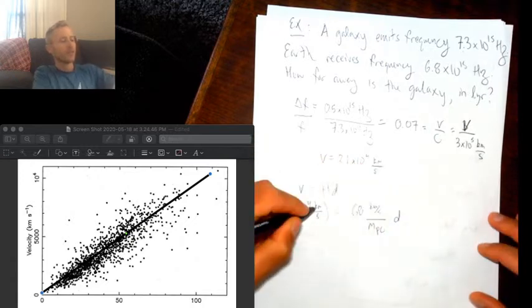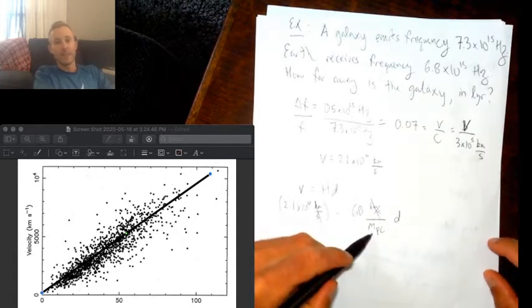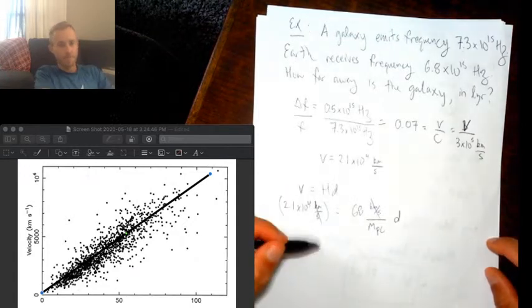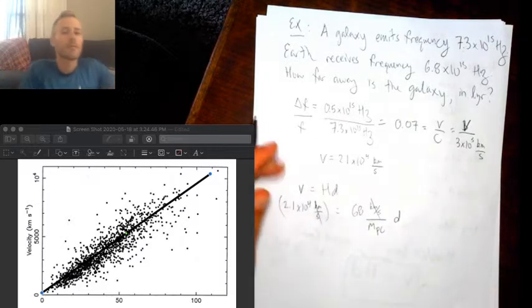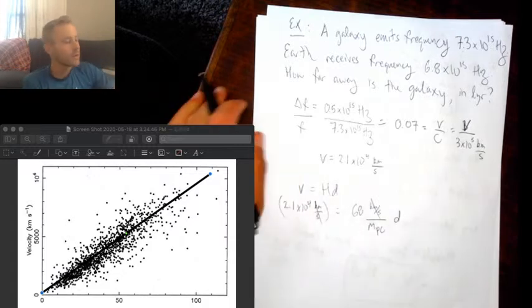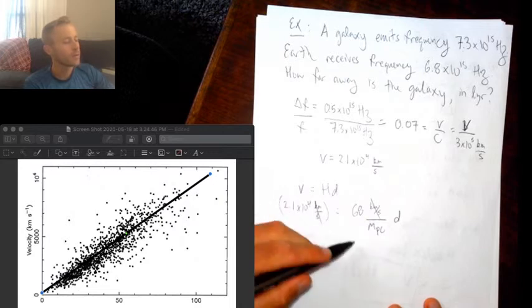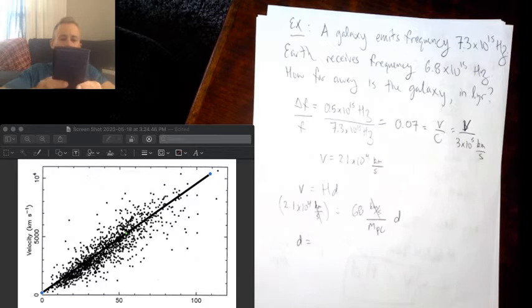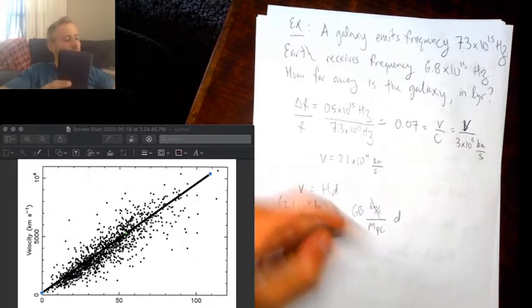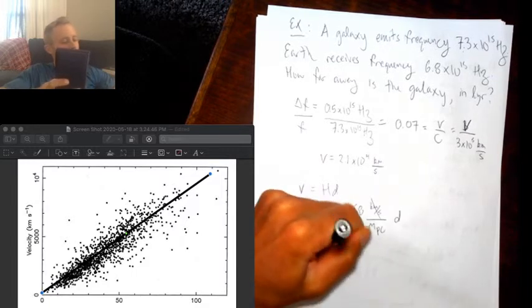Notice kilometers cancel out, and we're going to have our answer in megaparsecs. So, doing the division, we get d equals 308 megaparsecs.